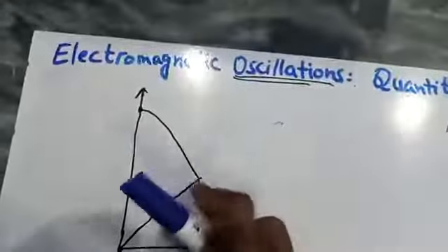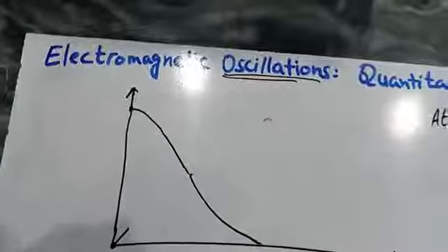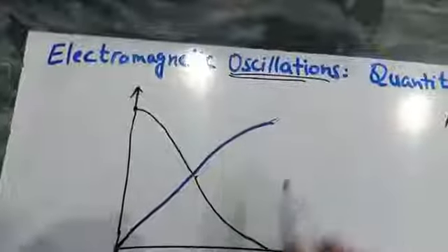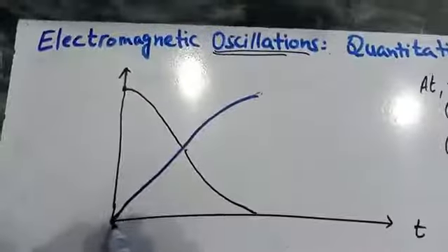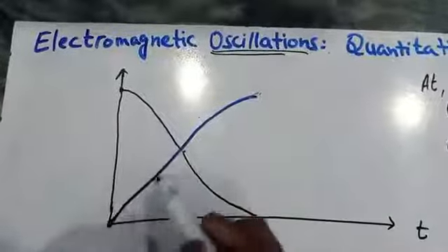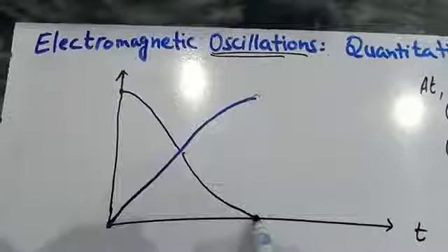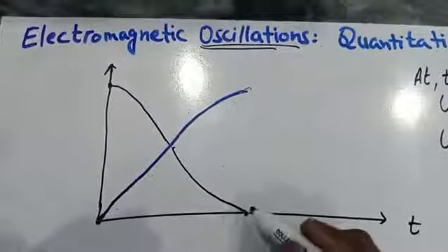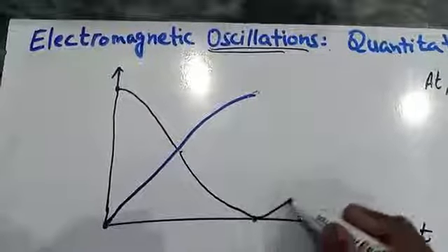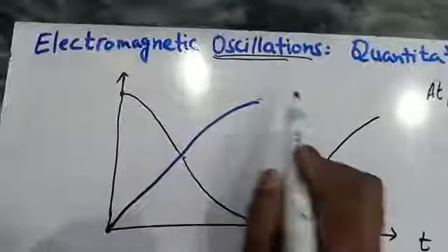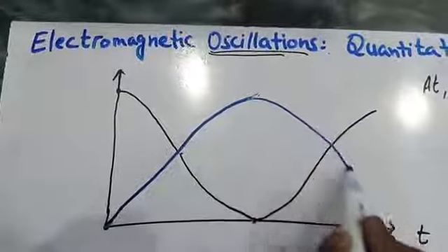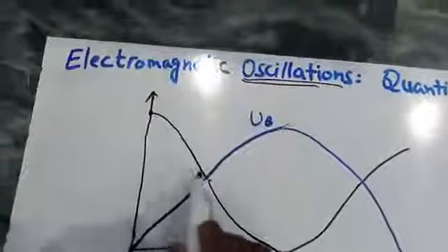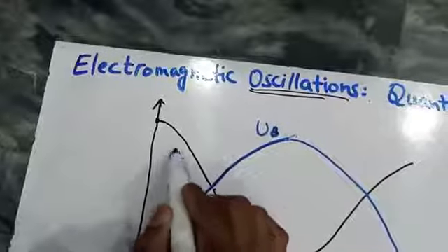I can draw this graph with another marker as this is for magnetic energy. When electric energy is maximum, magnetic energy is zero. When electric energy decreases, magnetic energy increases. And when electric energy becomes minimum, magnetic energy becomes maximum. And again, after some time, electric energy increases and it becomes maximum, and magnetic energy decreases and it becomes minimum. So this is the graph for magnetic energy, and this is for electric energy.